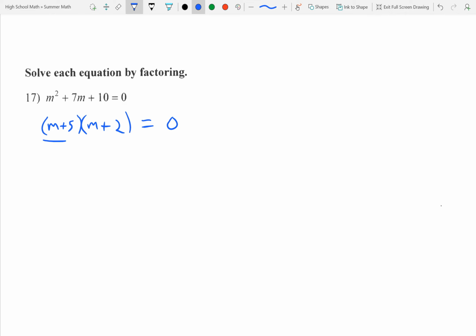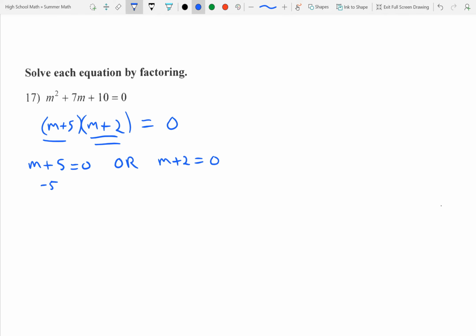Now setting each one of these factors equal to 0, this is our zero product property. m plus 5 is equal to 0, or m plus 2 is equal to 0. If two factors multiply to give 0, one of them must be 0, or both.